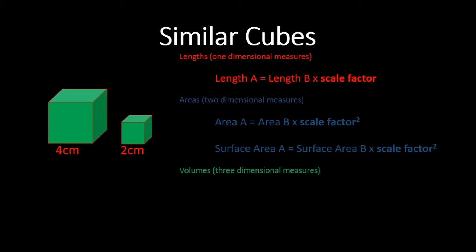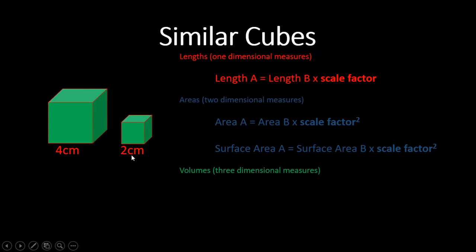Going on to the volumes though, it's a three-dimensional measure. So if I can find the volume of this cube, that's 2 by 2 by 2. If I multiply that volume by the scale factor cubed, because I need to multiply this 2 by the scale factor to get that length, and I need to multiply this by the scale factor to get that length, and I need to multiply this by the scale factor to get that length.